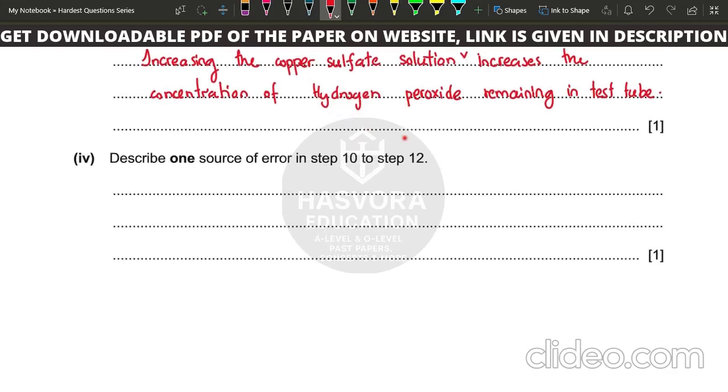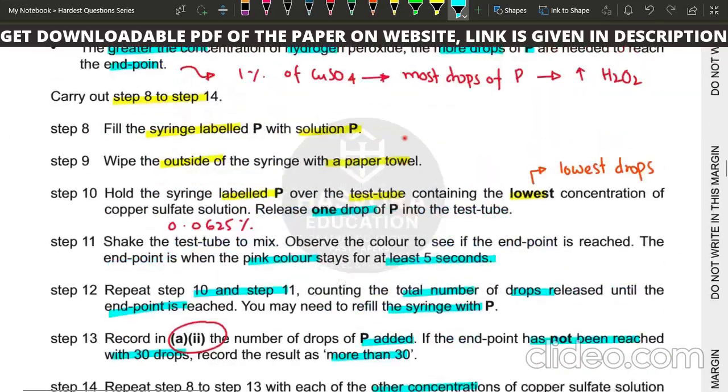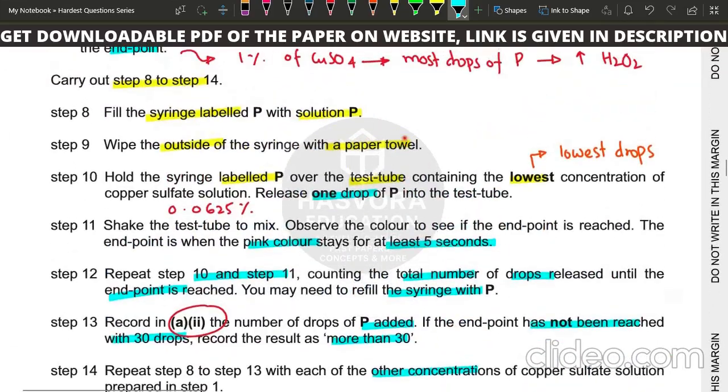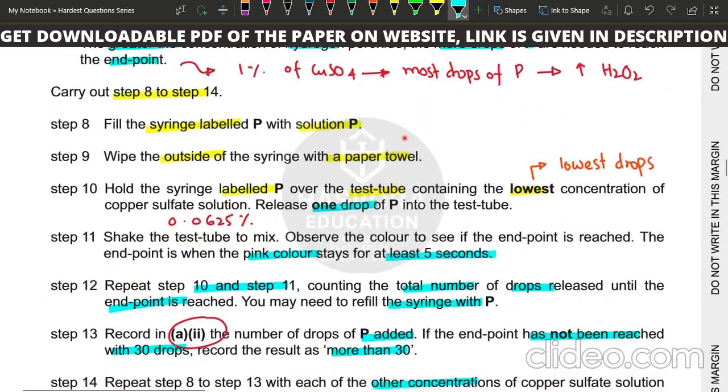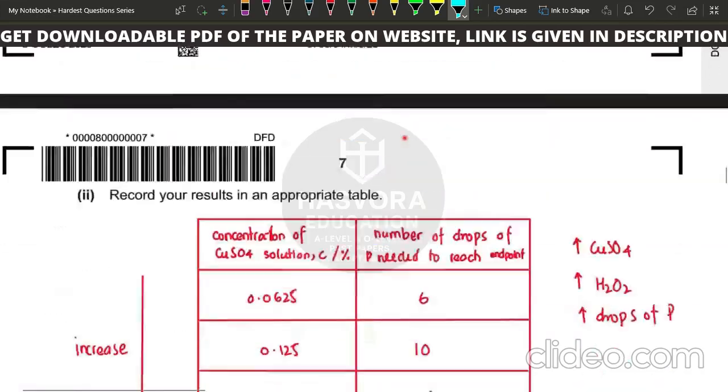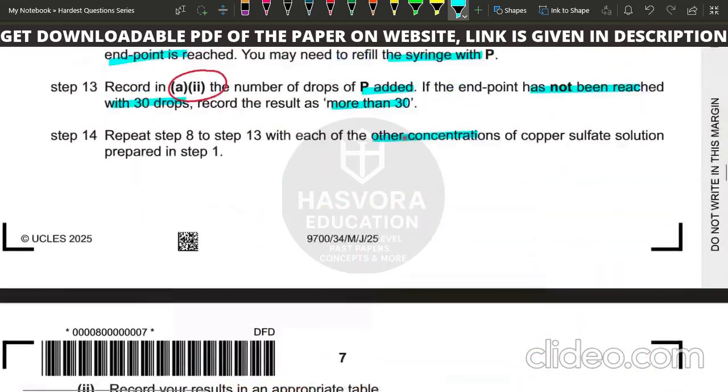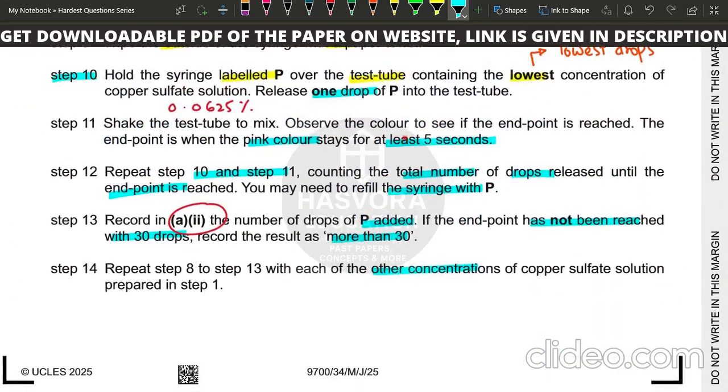Now describe one source of error in steps 10 to 12. Remember, I actually marked one of them. So from 10 to 12, just read it again: hold a syringe labeled P over the test tube containing the lowest concentration, and then release one drop.